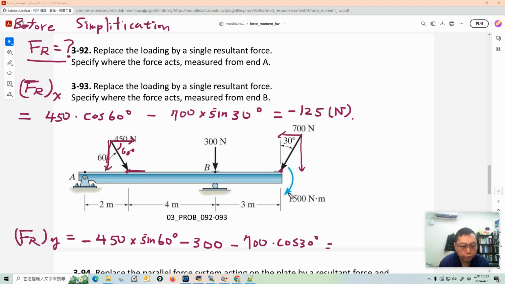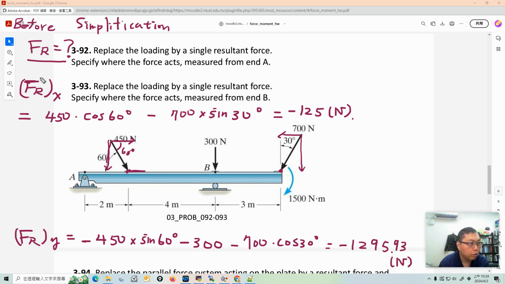Here we have the external moment acting on this beam, but right now we're just calculating the resultant force, so we can temporarily ignore this external moment. Adding these together, the answer should be minus 1295.93 Newton.